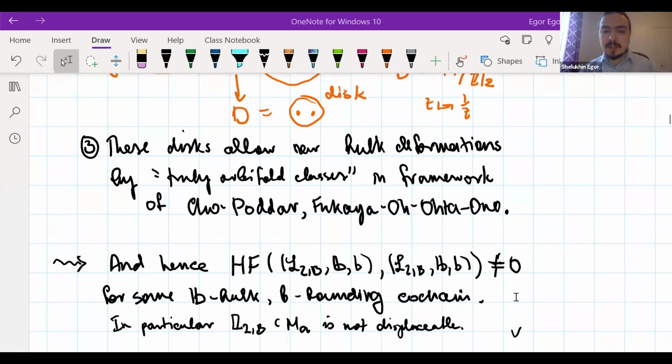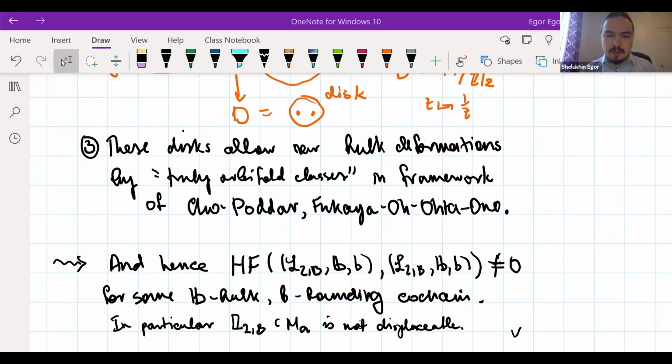And in particular, it implies that L curly 2B is non-displaceable by orbifold Hamiltonian isotopies. And so L2B in MA is initially non-displaceable by usual Hamiltonian isotopies.